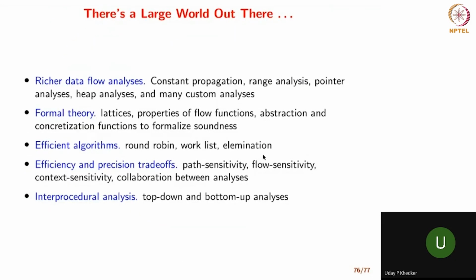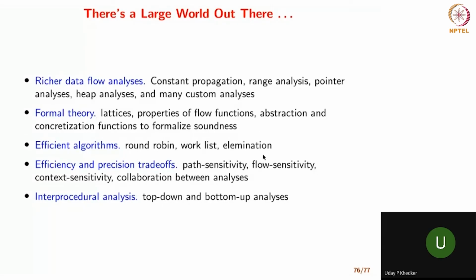So we have seen something that's very small. There is a very large and rich world out there. There are richer data flow analyses such as constant propagation, range analysis, pointer analysis, heap analysis, and many custom analyses. There's a very deep formal theory which involves lattices, properties of flow functions, abstraction and concretization functions to formalize soundness.